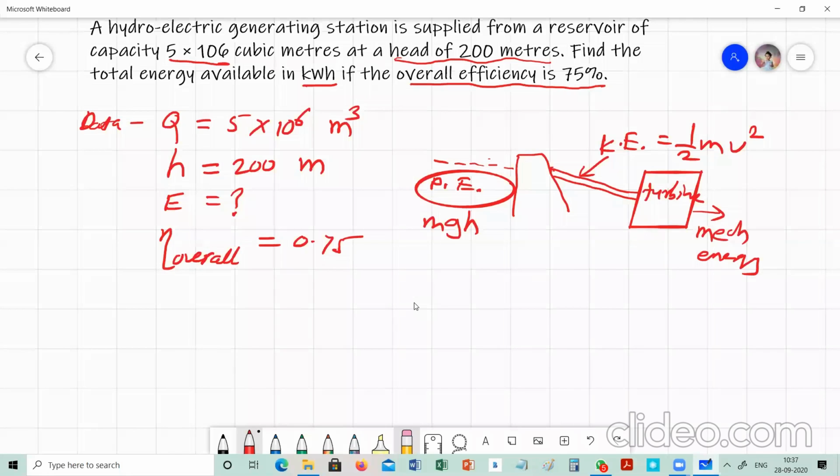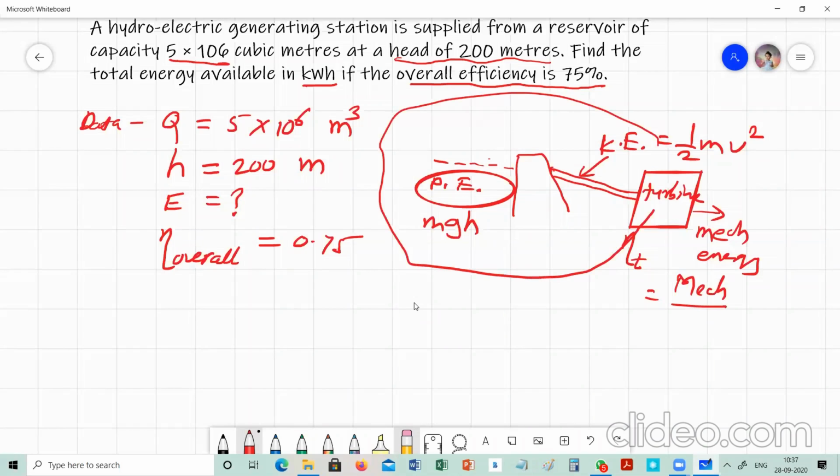So the efficiency corresponding to the turbine we call eta turbine, and it can be calculated as output energy, that is mechanical energy, divided by input. Considering most of these as one stage, eta is equal to mechanical energy of turbine divided by potential energy, and the kinetic energy is one stage of this part.